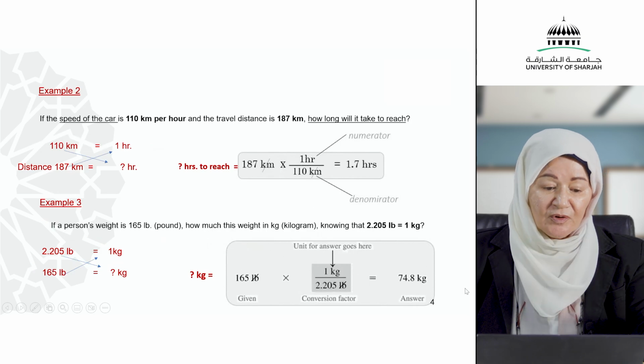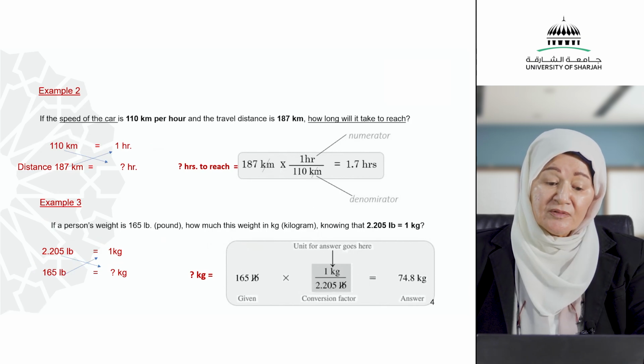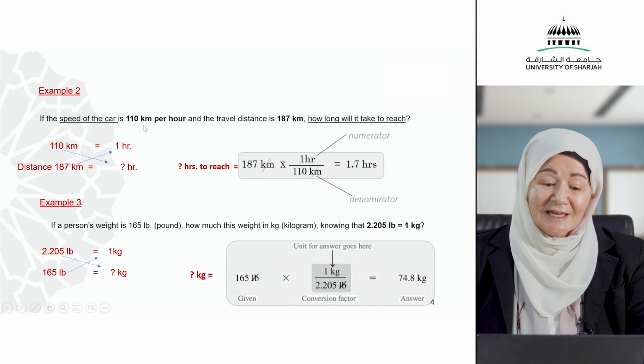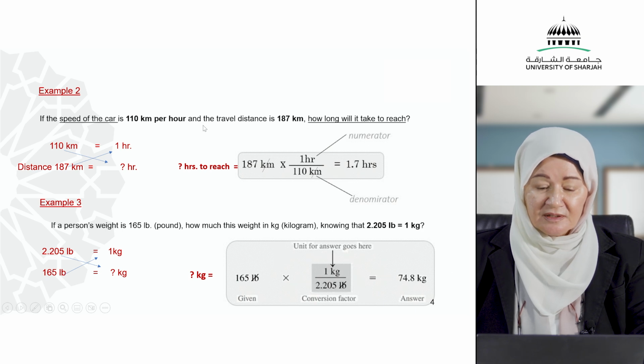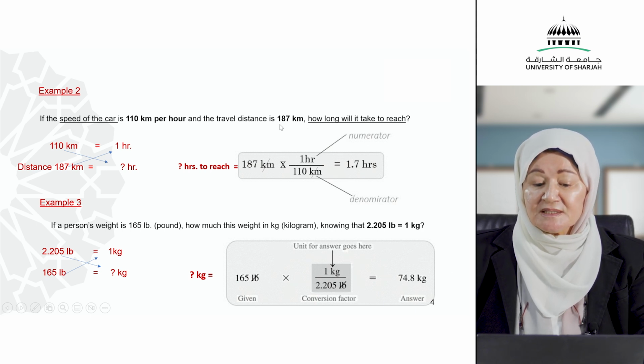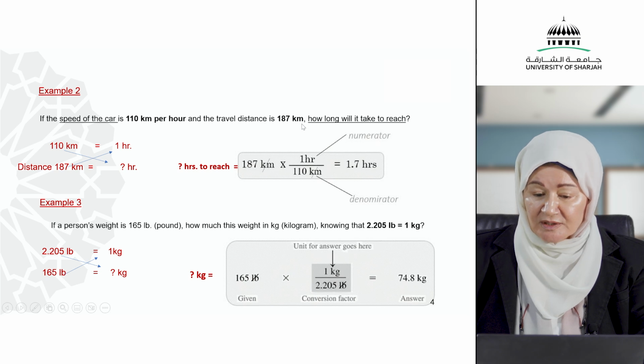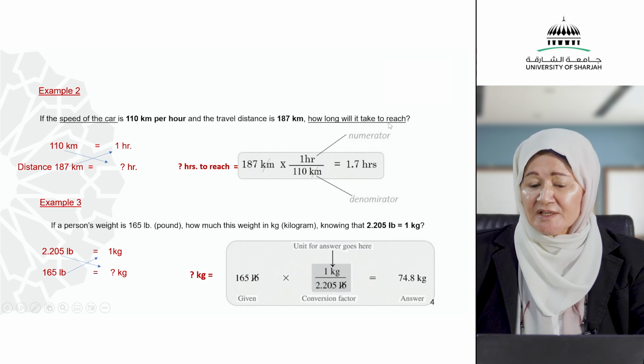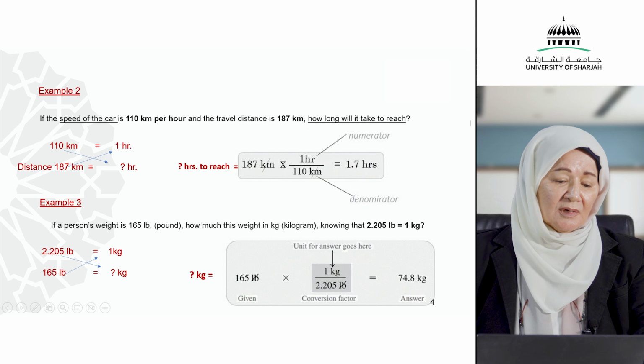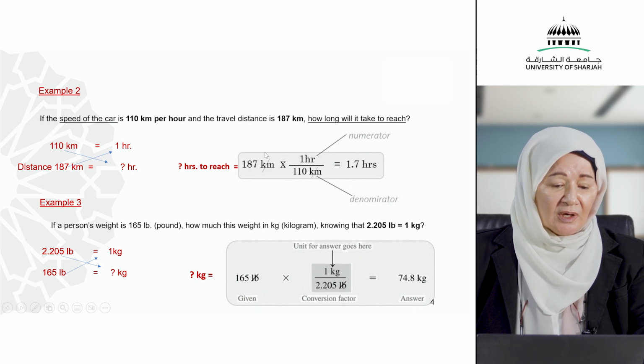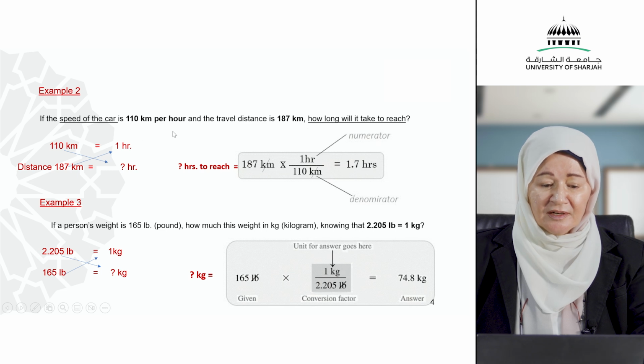I have another example for you. If the speed of the car is 110 kilometers per hour, this is given, and the travel distance is 187 kilometers, how long will it take to reach? I have written it in order. Look, 110 kilometers is equal to 1 hour. I took it from the speed of the car in the problem above.